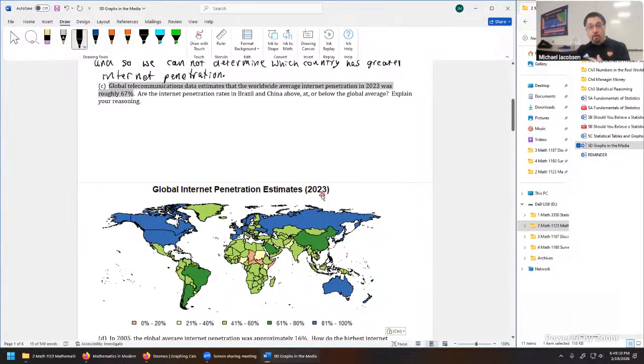So in that year, on the whole planet, we're at 67% based on estimates. Now it asks, are the internet penetration rates in Brazil and China above, at, or below the global average of 67%?